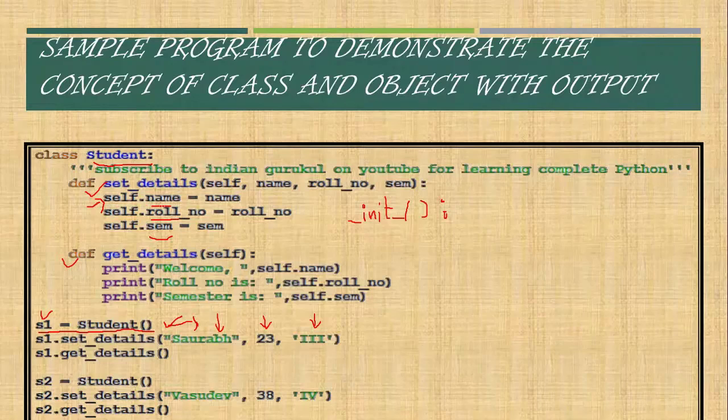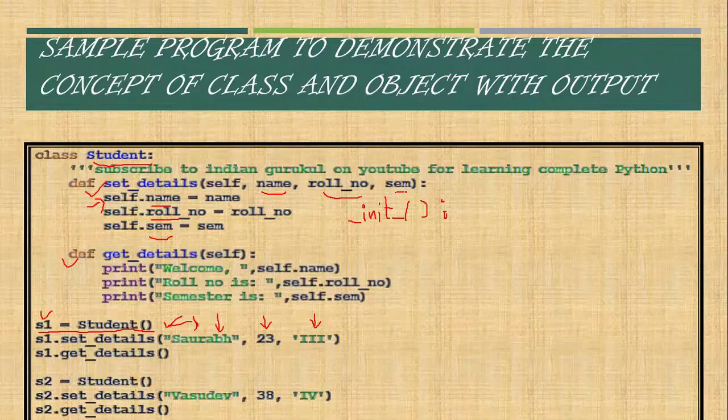So this self dot name is a particular variable which belongs to this S1 student. Now the three values which are passed are the name, roll underscore number, and the sem.